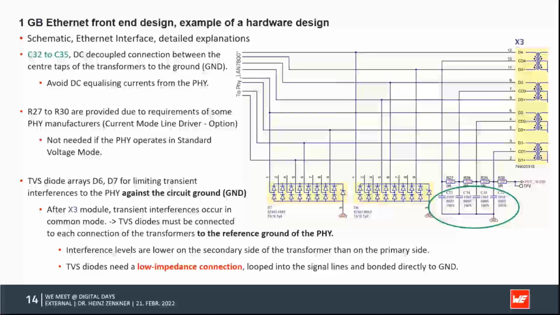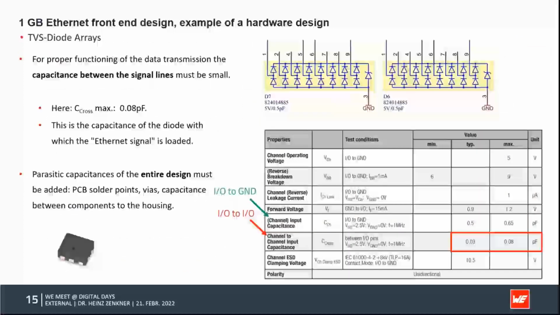So the next slide shows you a little more detail on the TVS diode arrays, because there is sometimes a misunderstanding. The most important point in Gigabit Ethernet design is the very, very low parasitic capacitance you need on the lines. Otherwise, the whole Gigabit Ethernet signal will be impacted.